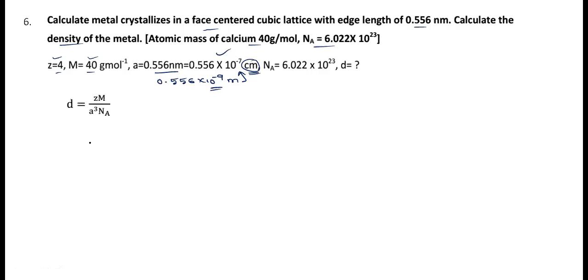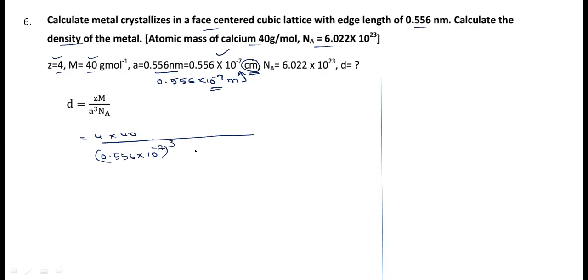Now if we substitute the values, Z value is 4, M is 40, a cube is 0.556 into 10 to the power of minus 7 whole cube, and Avogadro number 6.022 into 10 to the power of 23.